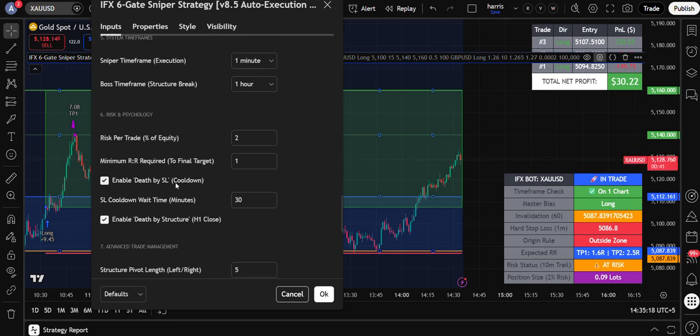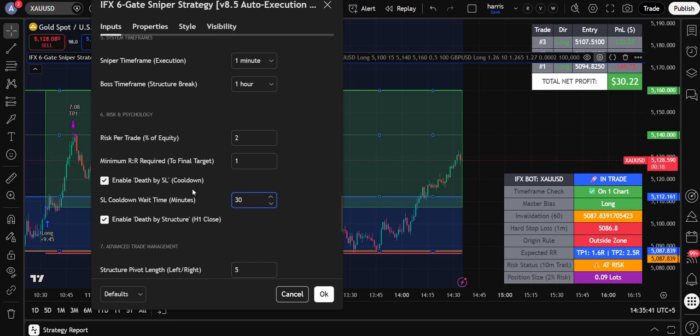And I have another feature called enable death by SL. This is mostly used in the news time and the volatility time, when you get one SL hit, and so it won't place a trade until 30 minutes pass. You can change these settings. You can change it to 1, you can change it to 5, you can change it to 300. It's up to you, okay, guys? And you can turn it off as well.